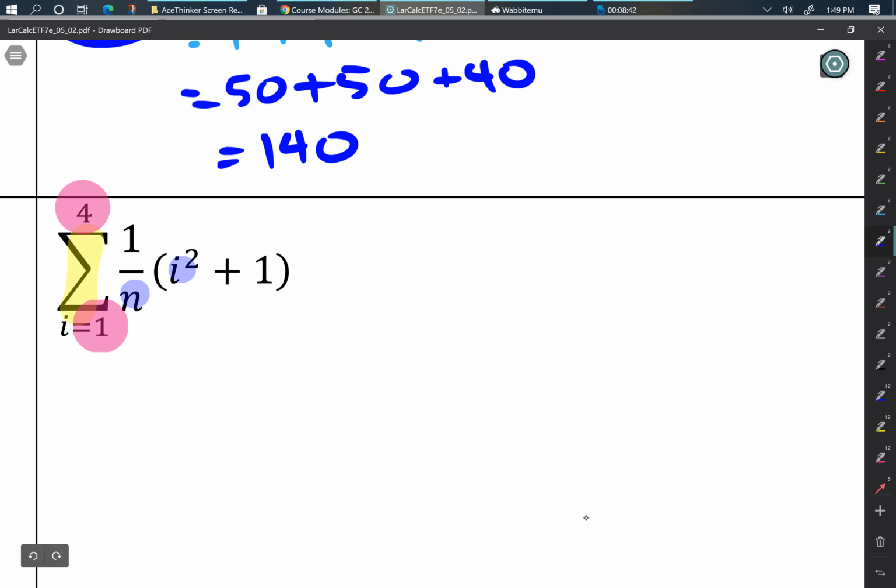We are making the argument here that n is just unknown.